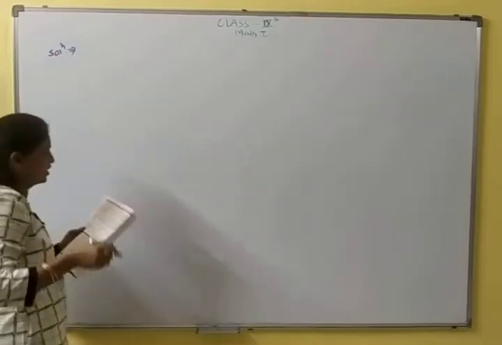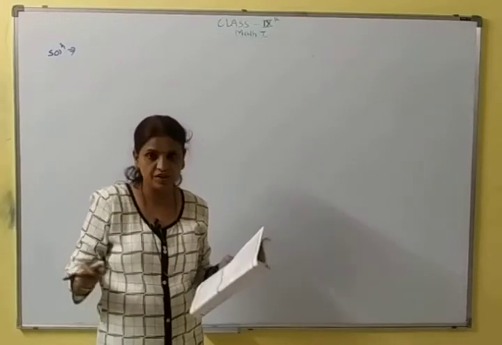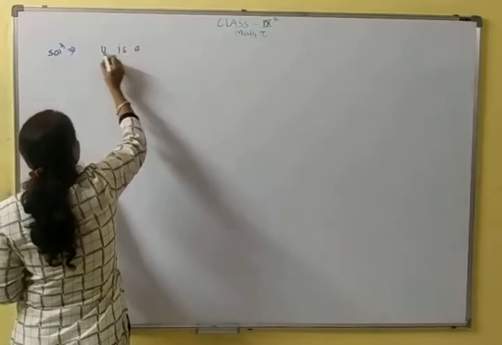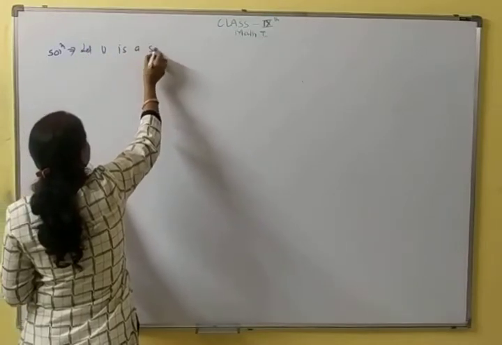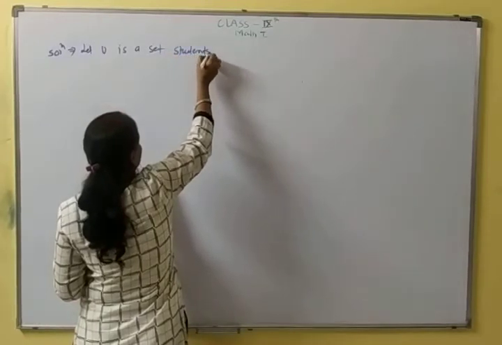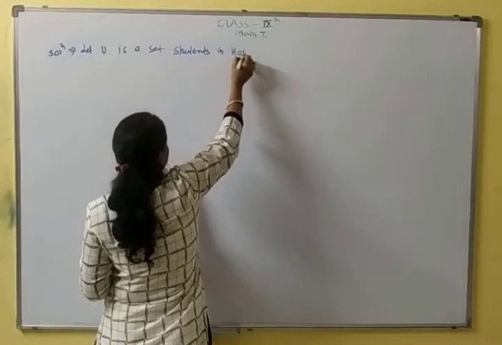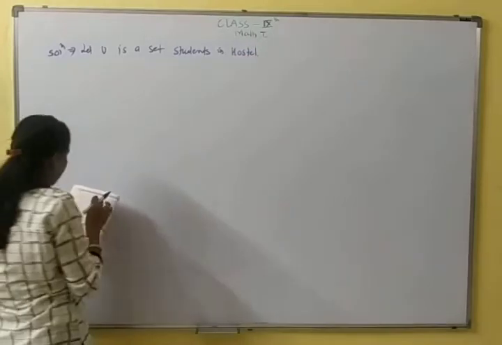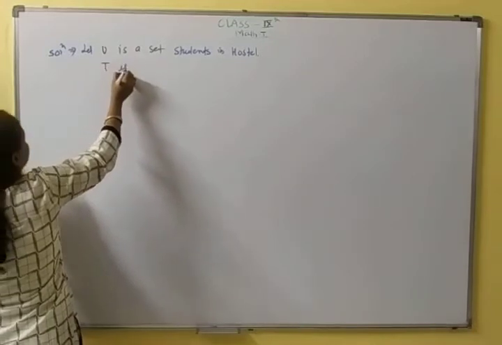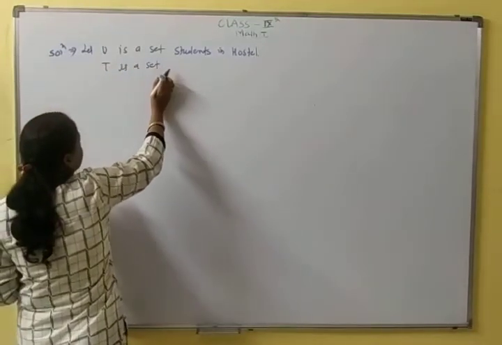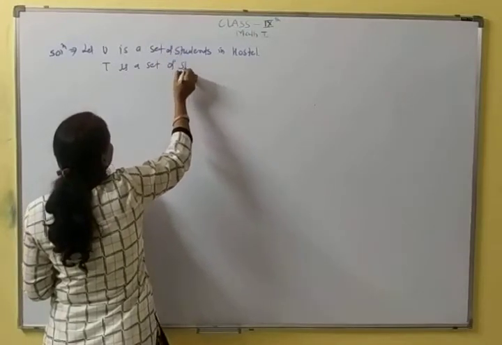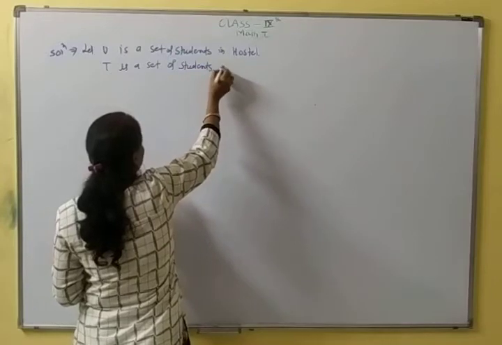In a hostel there are 125 students. Hostel means big set, that is called universal set. So U is a set of students in hostel. T is a set of students who drink tea.